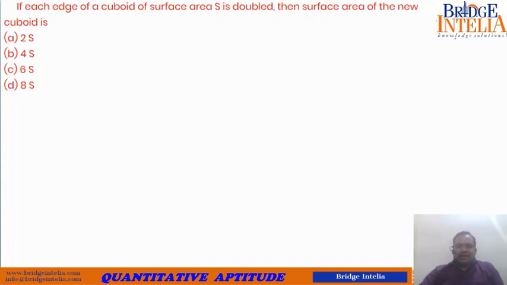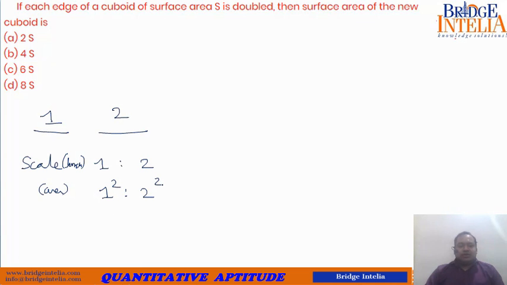Now similarly, if each edge of a cuboid of surface area S is doubled, then what will the surface area of the new cuboid be? Edge is getting doubled, that means 1 becomes 2. So 1 has become 2 lengthwise, the scale of length. The scale of area will be 1 square is to 2 square, or you can say 1 became 4.